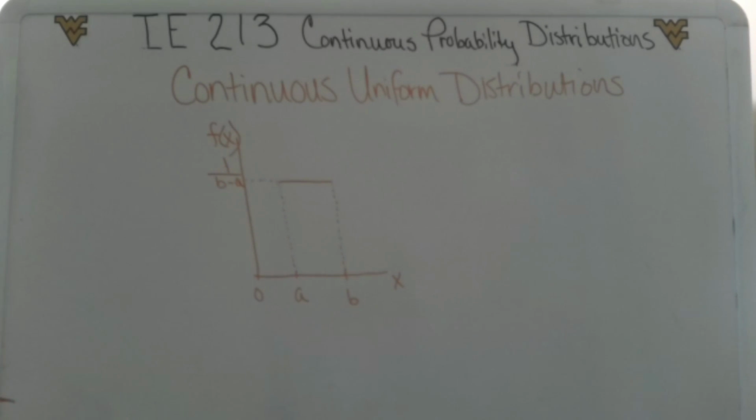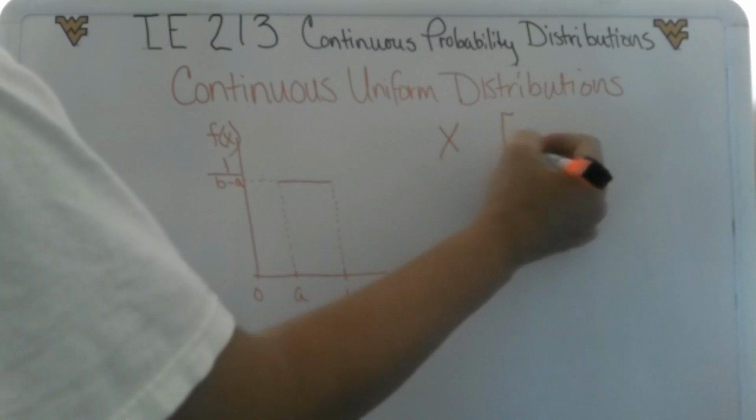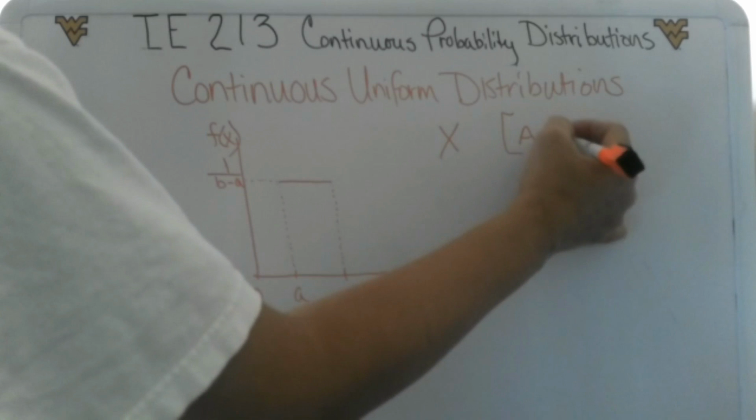So if we have a and little b, this goes from 0 to x, and then our f of x would be 1 over b minus a. That is the density function of this continuous uniform random variable X on the interval [a, b].